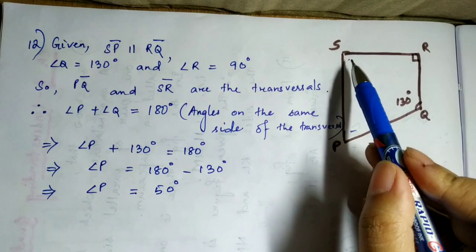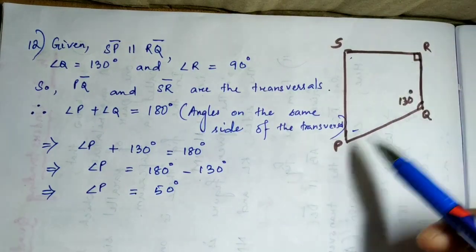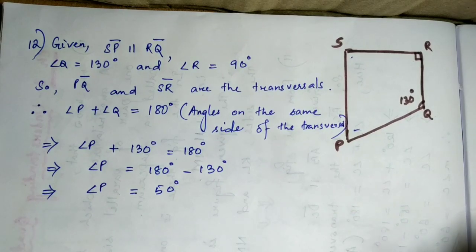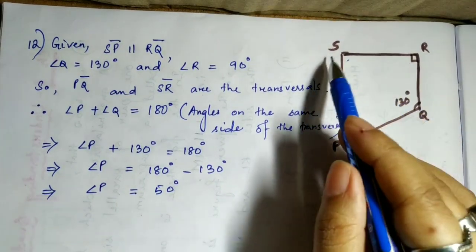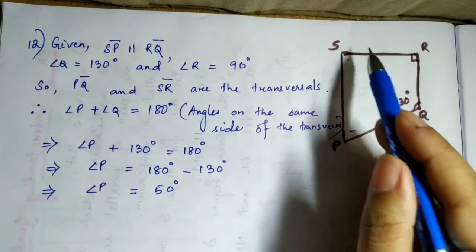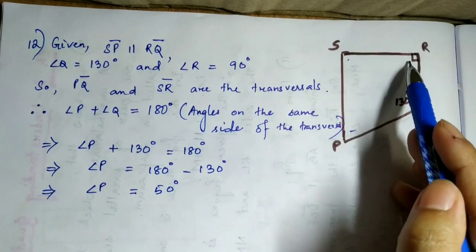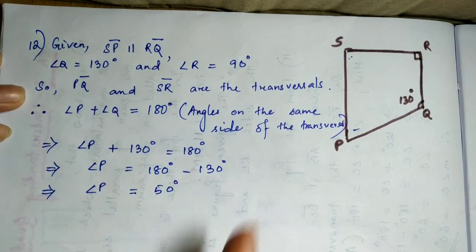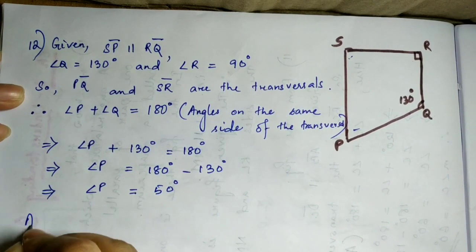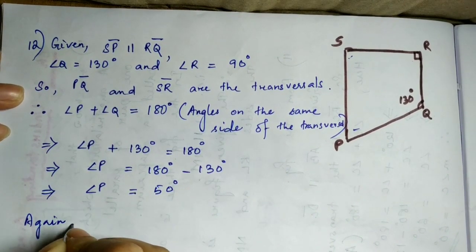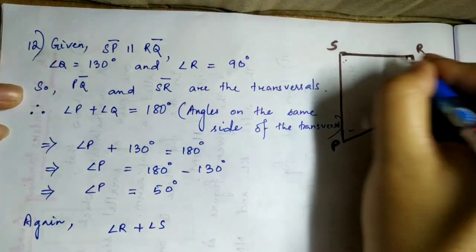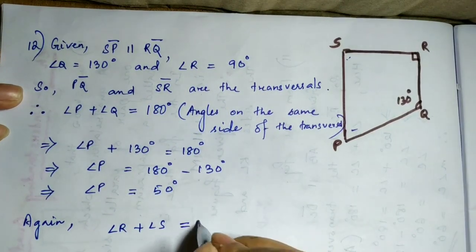Now to find this one, we know the sum of the angles of a quadrilateral is 360 degrees. I can find it that way also. One is that way. Or we can use this one as the transversal. Now these two are parallel, this is the transversal, and I can write angle S plus angle R is equal to 180 degrees. So let's do it by this method. Again, angle R plus angle S, on this transversal, is equal to 180 degrees.